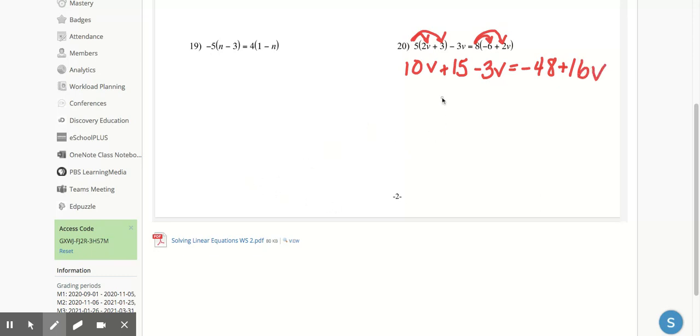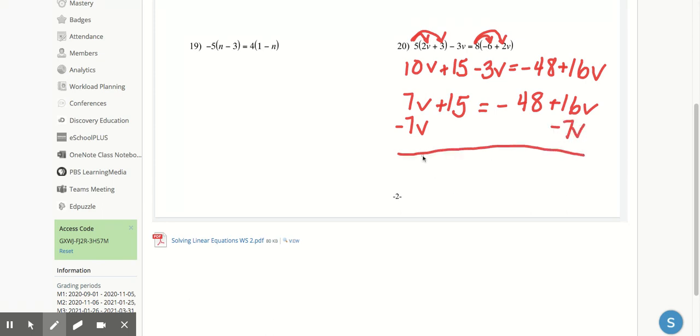Before I start moving anything around, I would combine like terms on the left-hand side of the equation here. So 10v minus 3v will be 7v plus 15 equals, and then on the right-hand side, we've got negative 48 plus 16v. Then we're going to get those v terms together, so I'm going to subtract 7v from both sides. On the left, I have a 15.